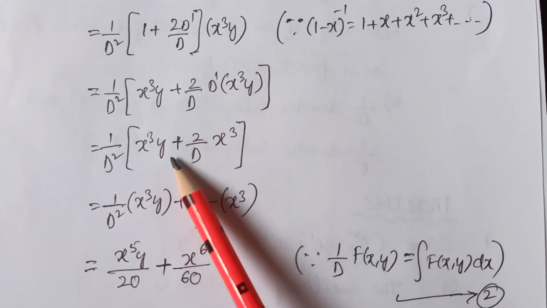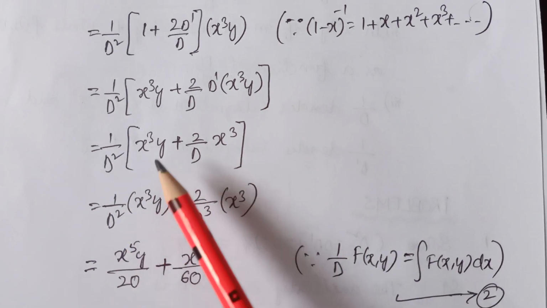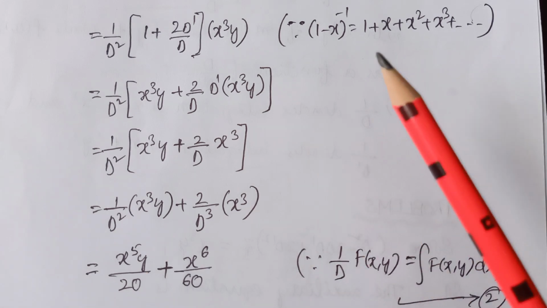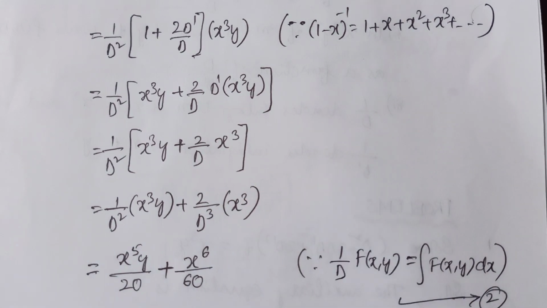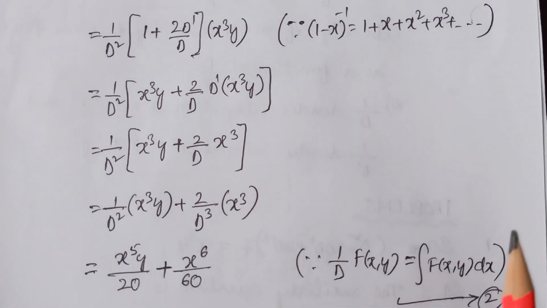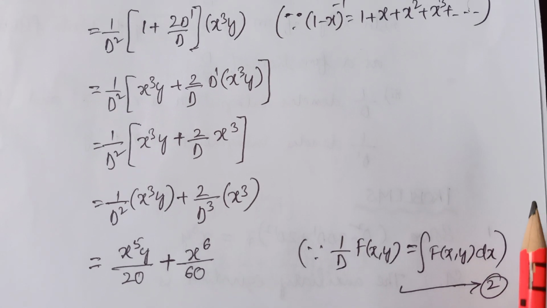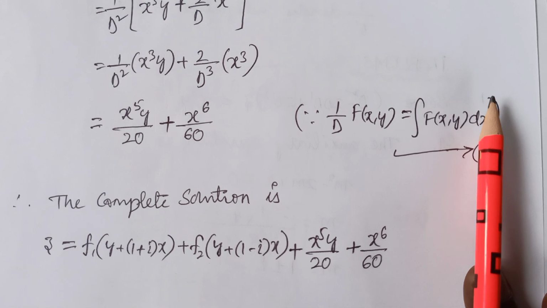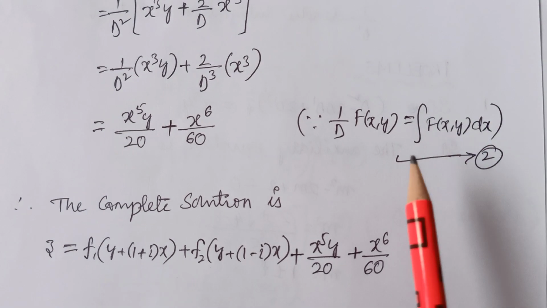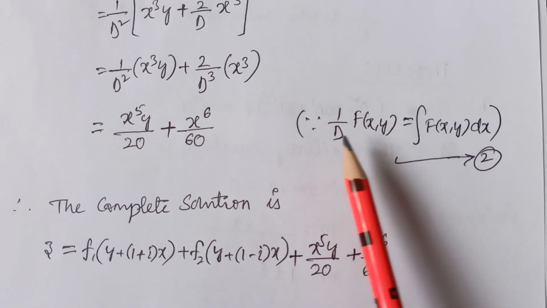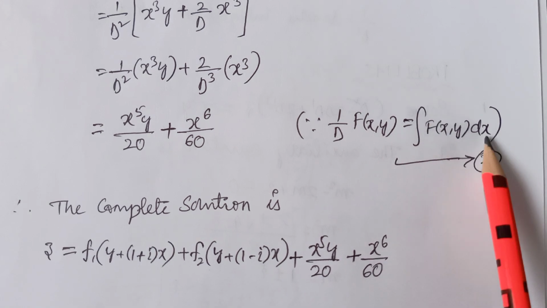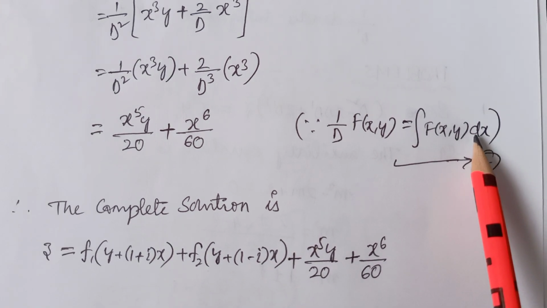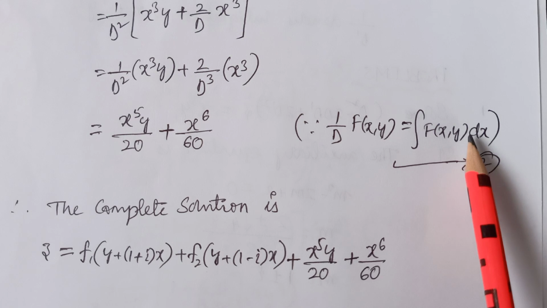Now take this 1 by D square of x cube y and 2 by D cube of x cube. As I told you, 1 by D means integration with respect to x.